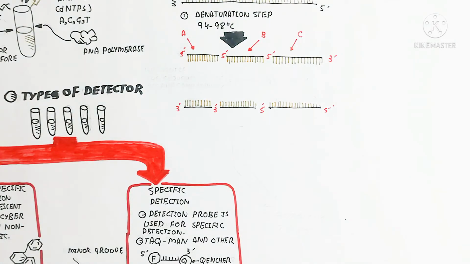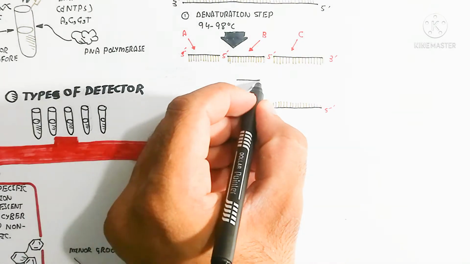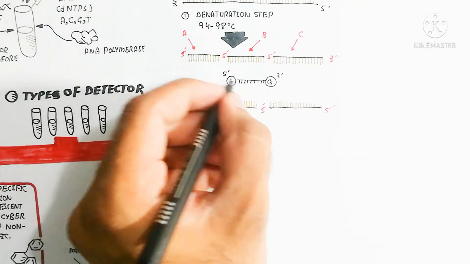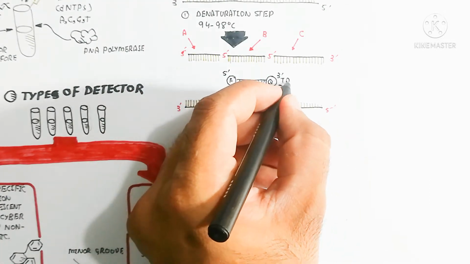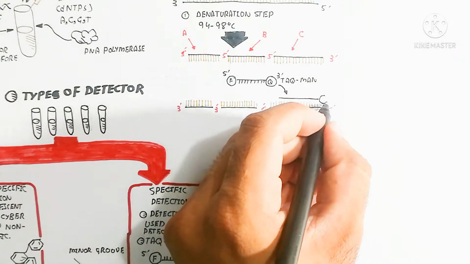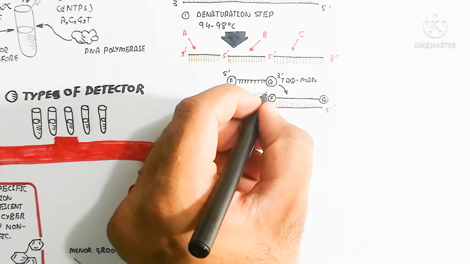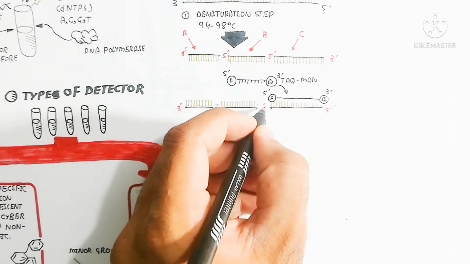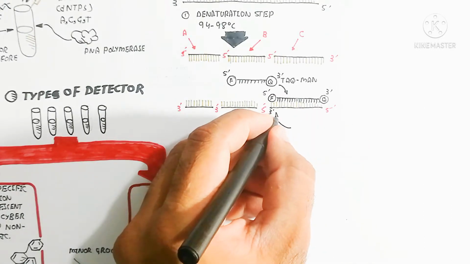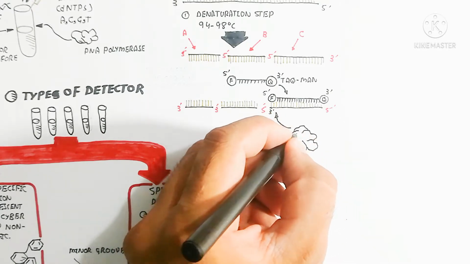That is the specific detection, which detects segment-wise, from 3' to 5' in the annealing process, so anti-parallel. That is the important thing I am describing.